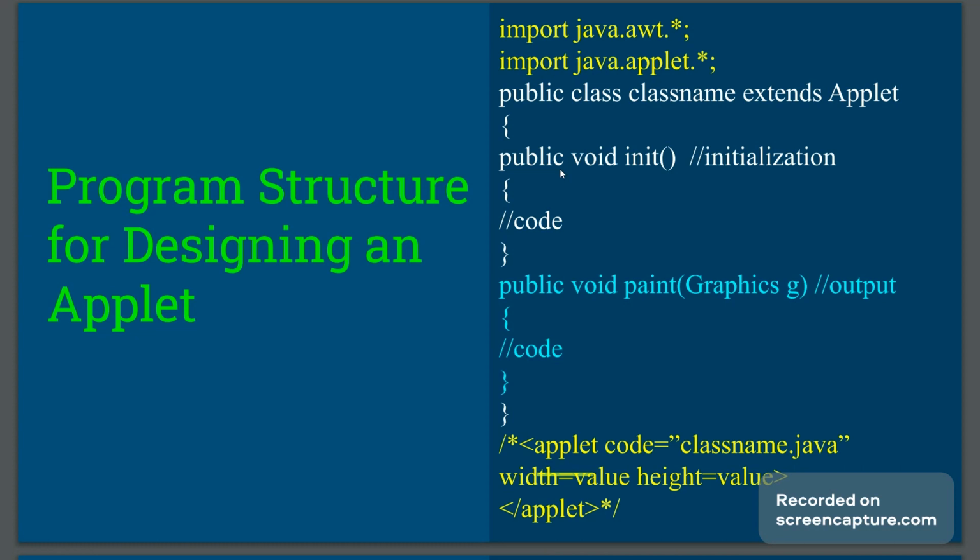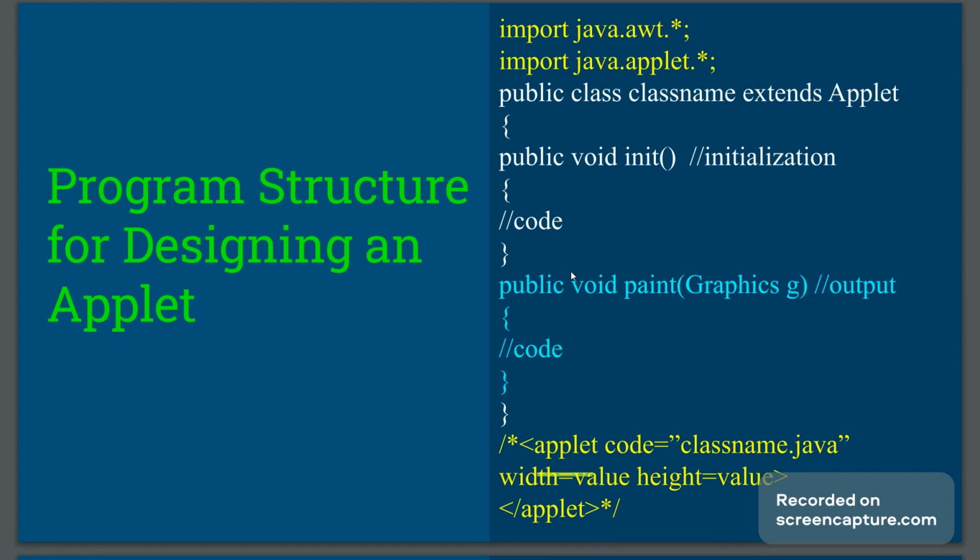That method will be called only once. Whatever output we want to show on an applet window, we have to write under the public void paint method, which has the object of the Graphics class as a parameter, and that code we will write under the paint method. Closing bracket of the class. Here no main method is required in the applet program.